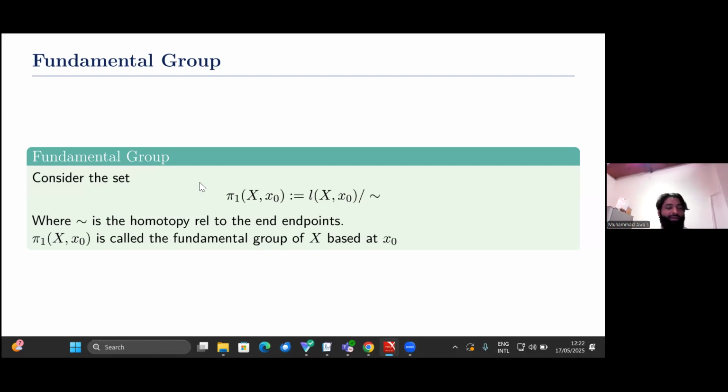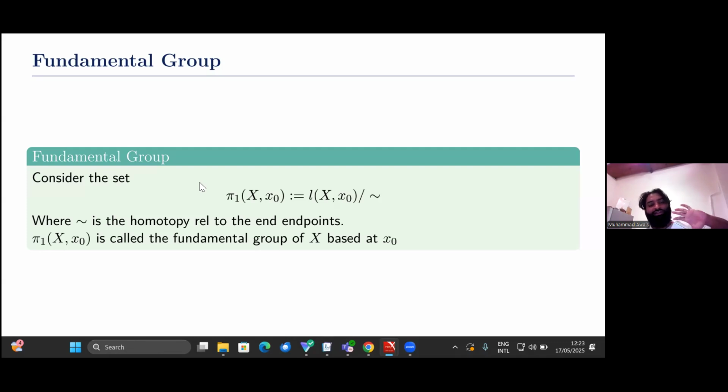But if you see, with respect to that relation, if you can see my video, this loop, and if I continuously shrink it, they both are the same, because I can continuously move this loop to that loop, so they are equivalent to each other.